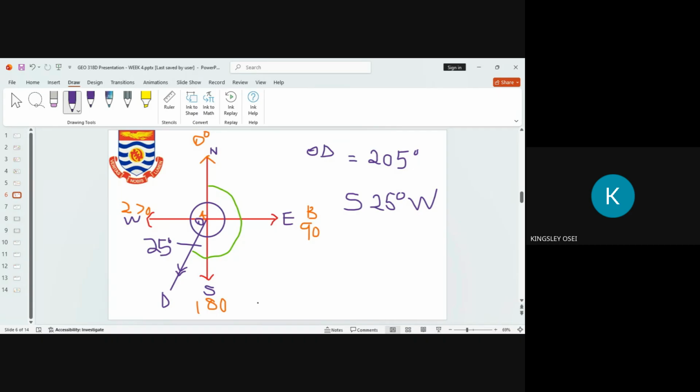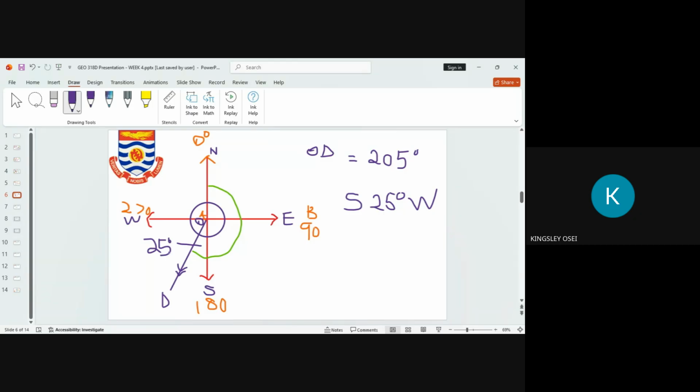You subtracted where you are now, which is 180, from 205, and you'll be left with 25. In the diagram, where would that 25 be? It will be between this line and then this line. Is it clear? Okay. Please, is it clear? Thank you. Yes, please. Okay. So the 25 is here.